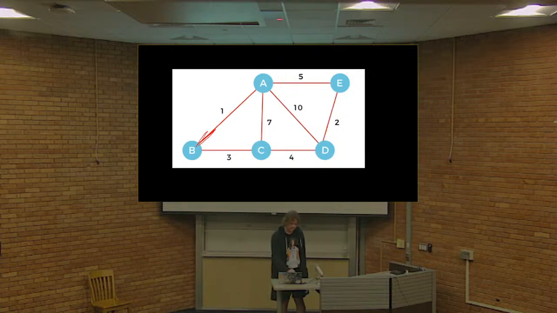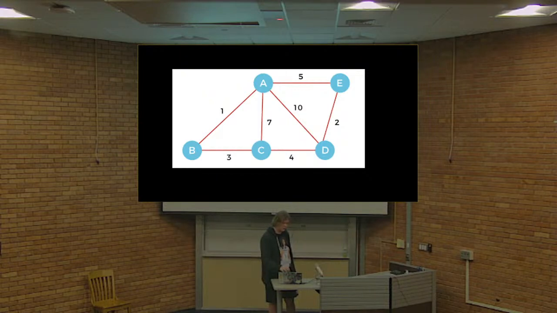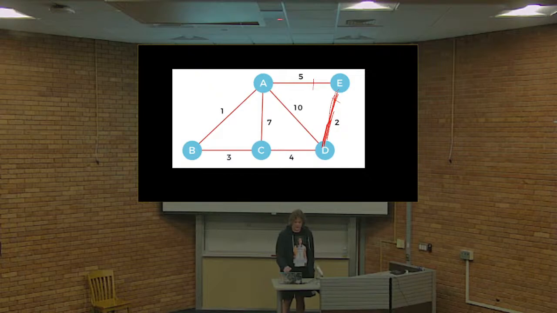algorithm, where say I choose E as my starting node, I'm going to check all of the available edges, which in this case are going to be the 5 and the 2, and the lowest is the 2. Then I now have E and D in my graph, and I'm going to check for which has the lowest connection. So I'm going to check this 5, that 10, and the 4.